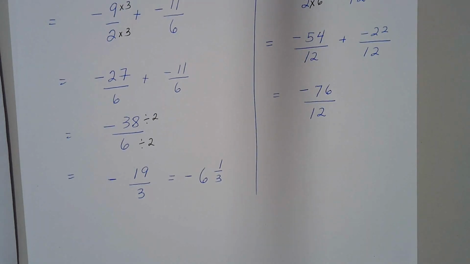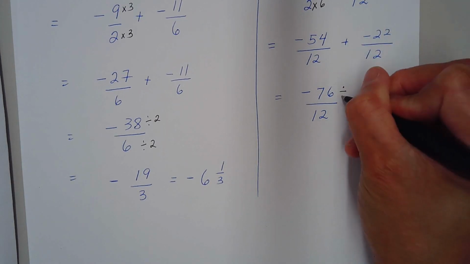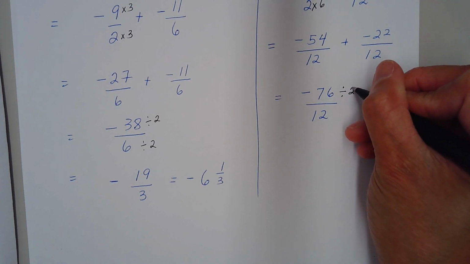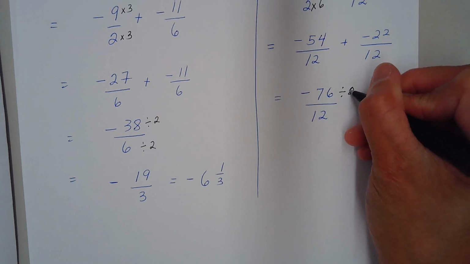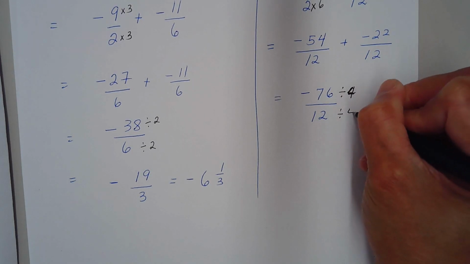Okay. So negative 76 over 12, I could divide by 4. For me, I didn't think of 4 right away.